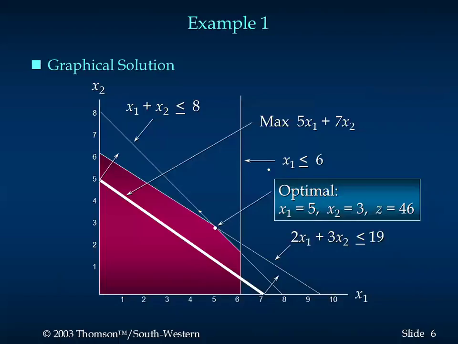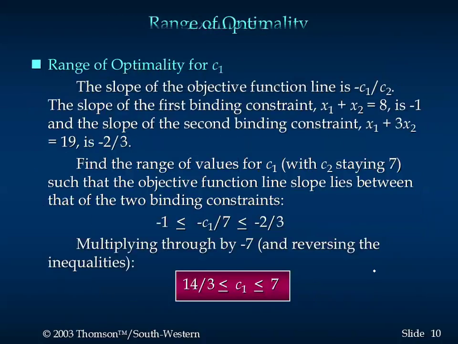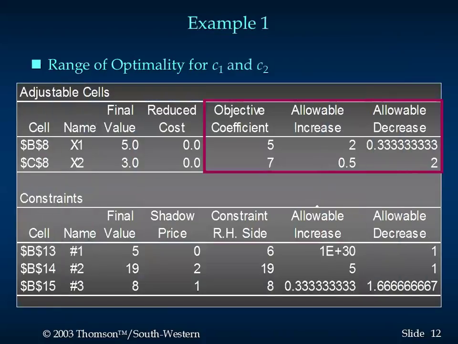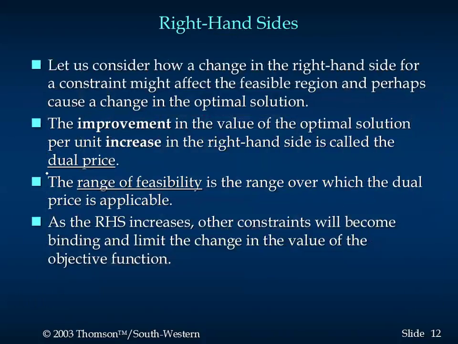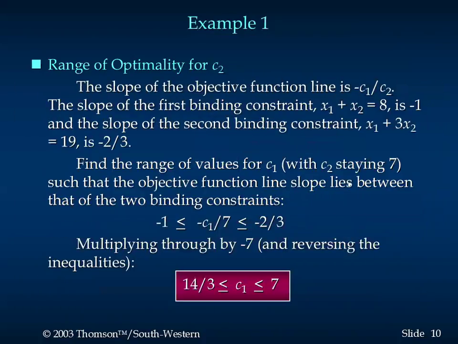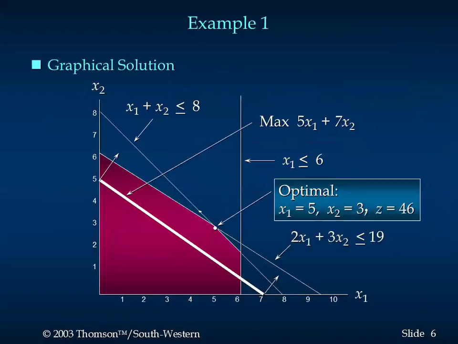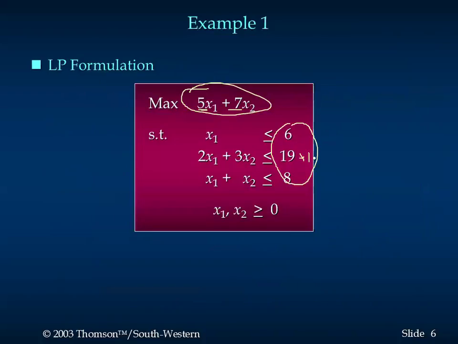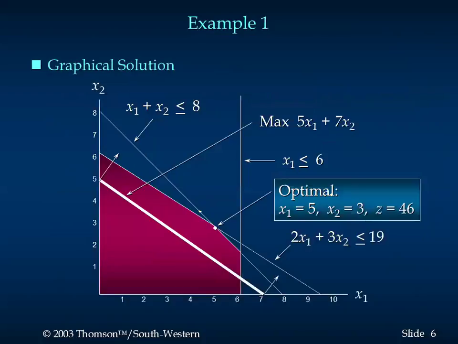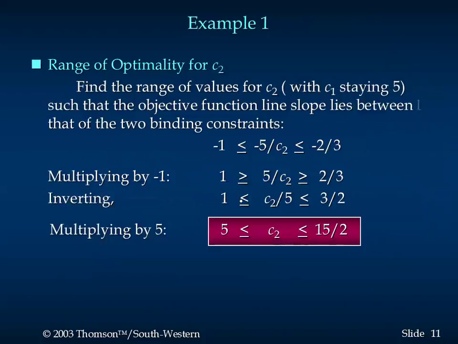But one nice thing we can say: each constraint has something called a dual value. When we increase the right-hand side by 1, like what we did here, the optimal objective function increases by something known as the dual value.